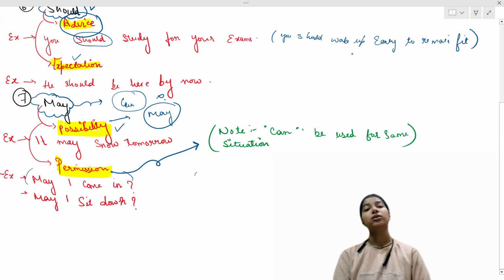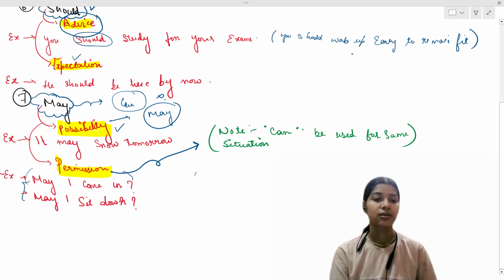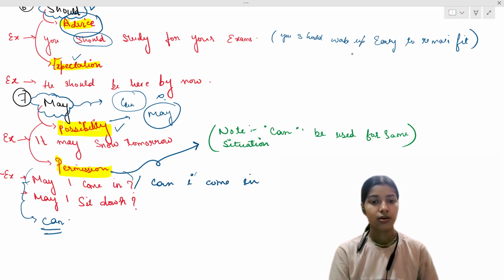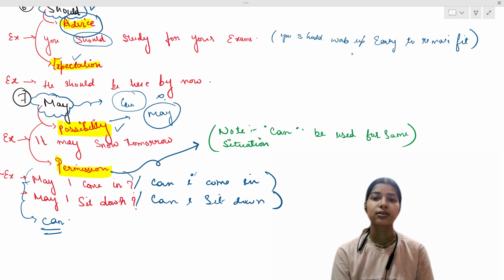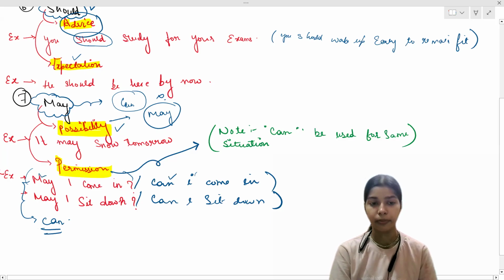May I go to the washroom? Here, in the place of may, can can be used. You can say, can I come in? Can I sit down? These are some ways in which you can use can in the place of may.